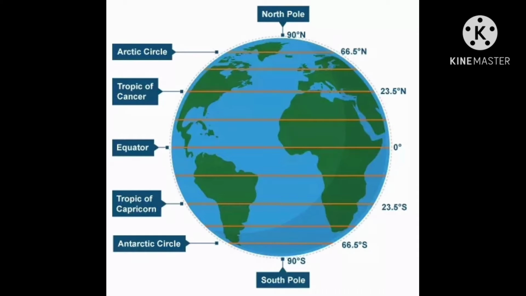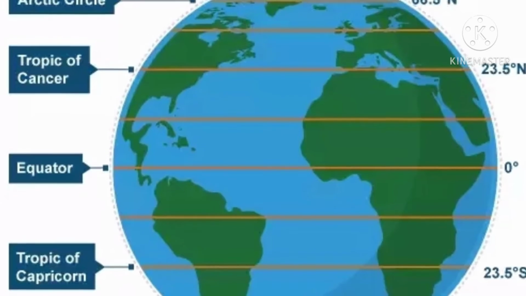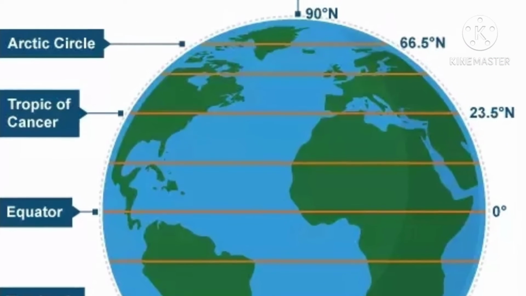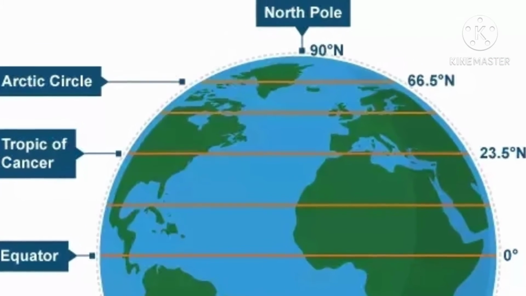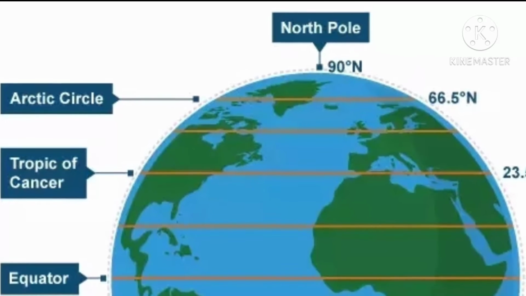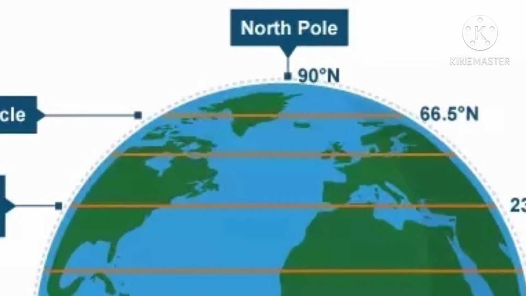These latitudes have different names. At 0 degree we have the equator. The 0 degree latitude is called the equator. Then at 23.5 degree north is the Tropic of Cancer. At 66.5 degree north we have the Arctic Circle.